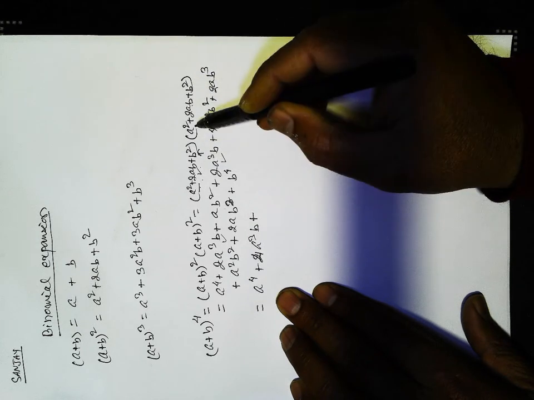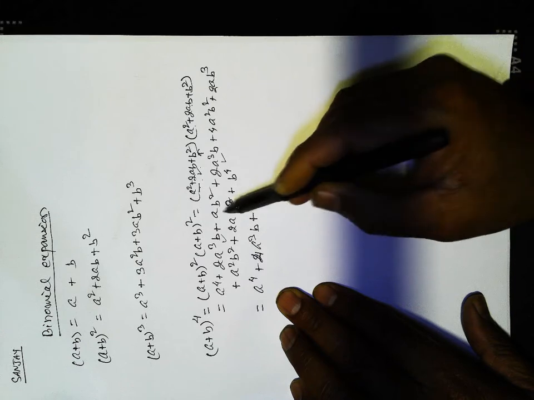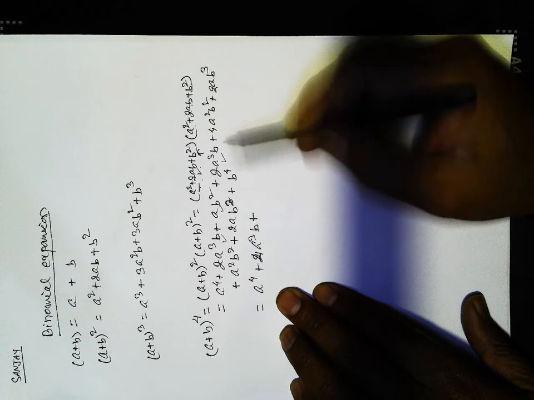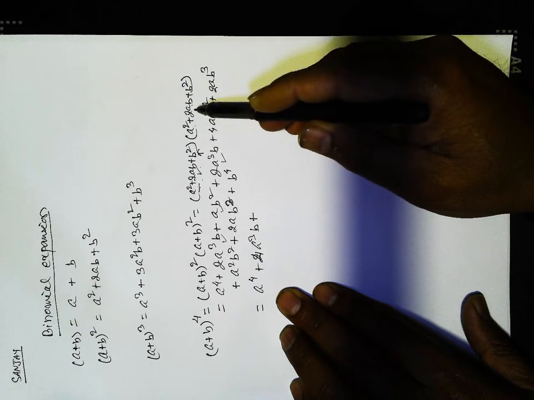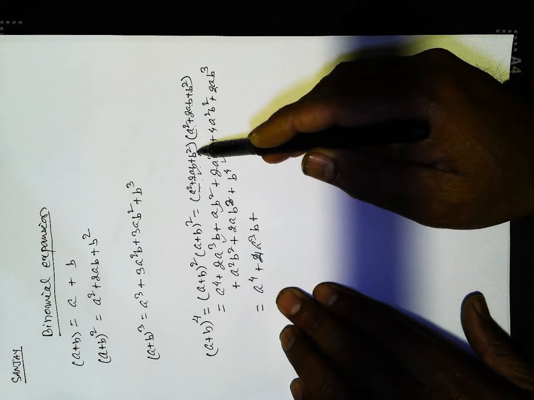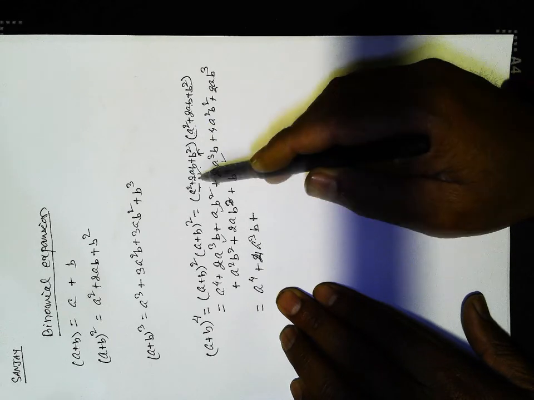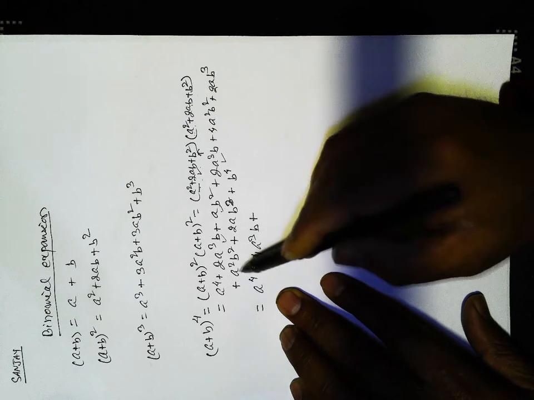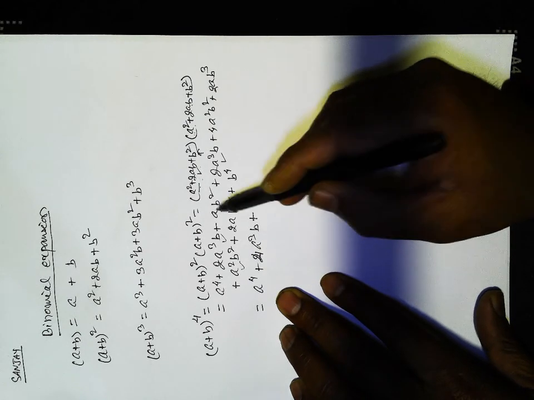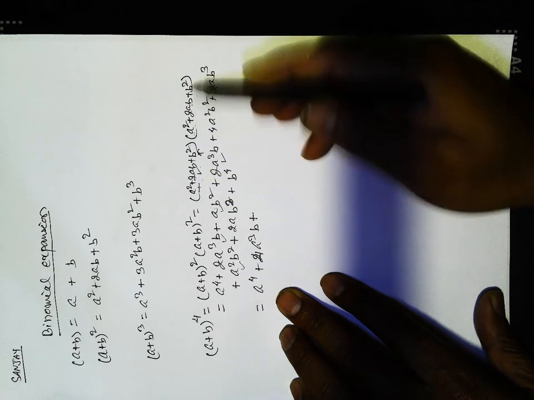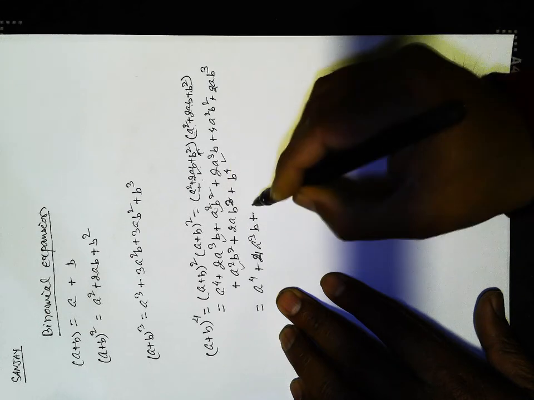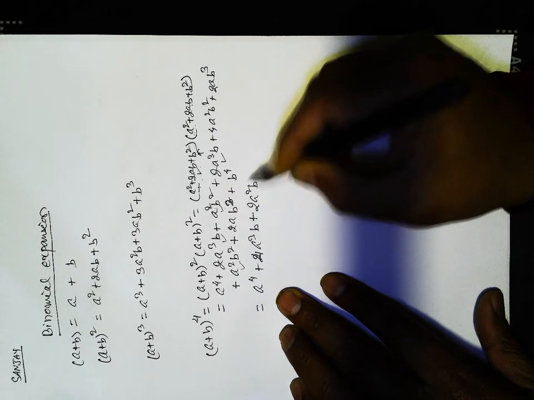There must be another ab cubed term. Then lastly, the a squared b squared term: there should be another a squared b squared here. Yes, so it is 2 a squared b squared.